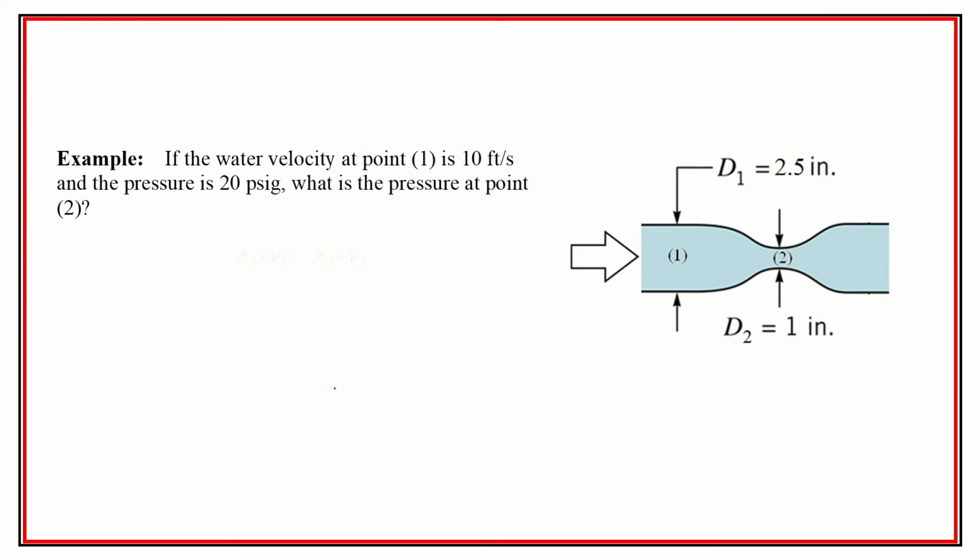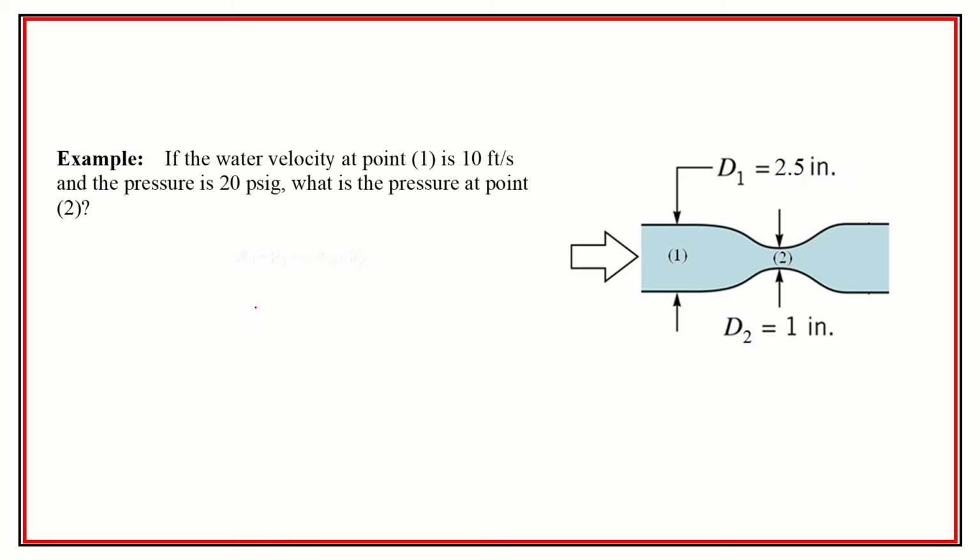All right, so here's my example where I have a Venturi. It's a constriction in the pipe, where we go from a diameter of 2.5 inches to a diameter of 1 inch, and we want to find out what the pressure is going to be at that location labeled as 2.